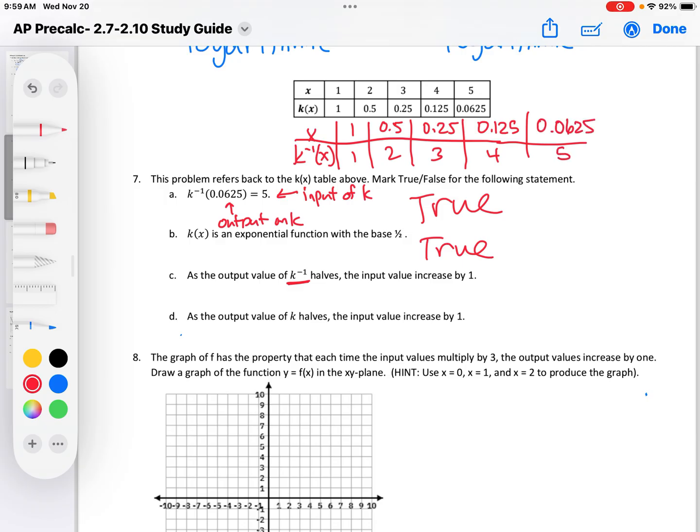Okay, so there's my k inverse. So now it says as the outputs of k inverse halves, well, the outputs of k inverse are not halving. This is false.